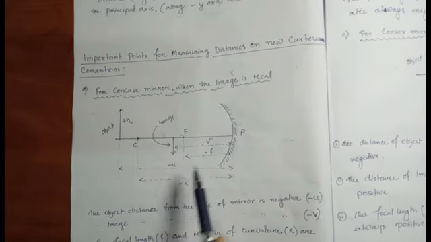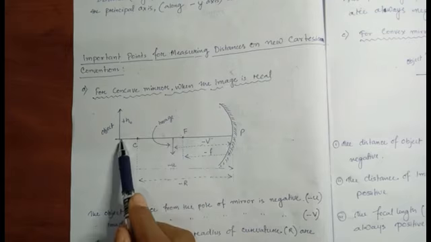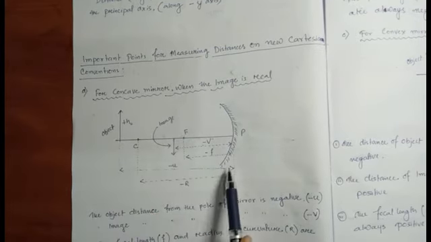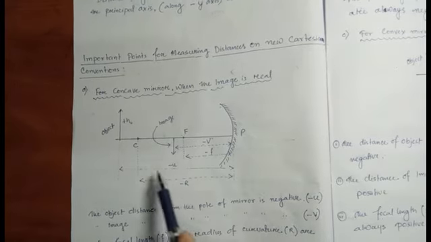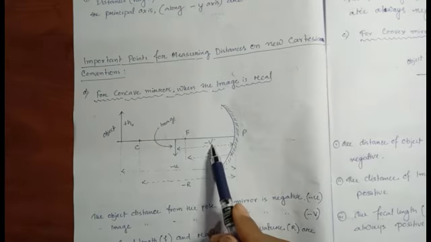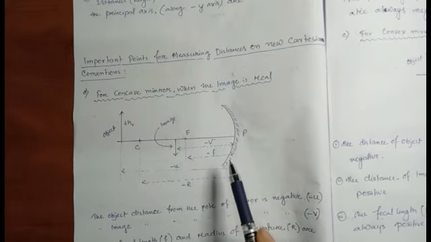Why negative? Because you are measuring from the pole in the left direction. u is for object distance from the pole of the spherical mirror, and v for image distance from the pole.